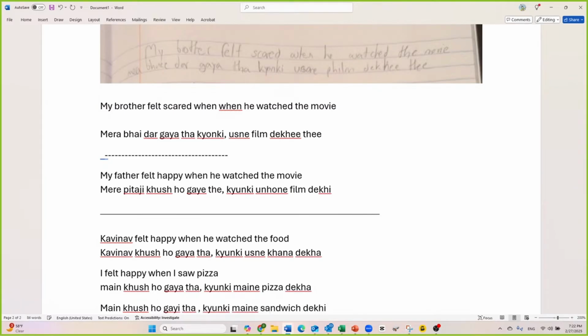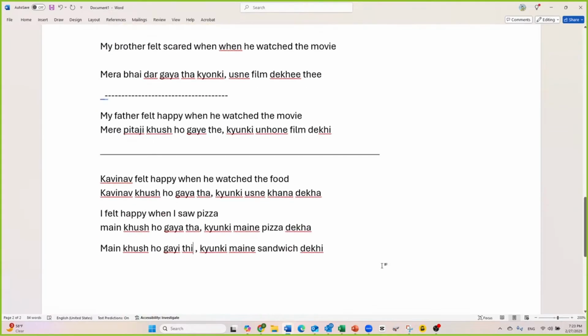Good, so you corrected yourself. First you said gaya tha, but that would have made you a boy. You want to stay a girl, right? So gayi, but then tha also has to become thi. So say मैं खुश हो गई थी क्योंकि मैंने सैंडविच देखी. Good. So that is as far as the sentence goes.